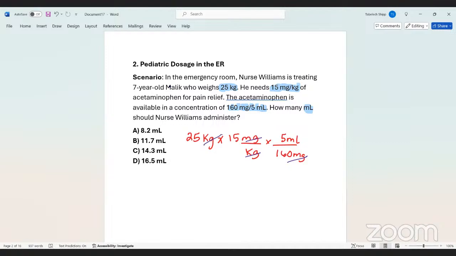All you have to do now is plug this into your calculator: 25 times 15 times 5, divided by 160, and you get 11.7 milliliters, which is letter B.